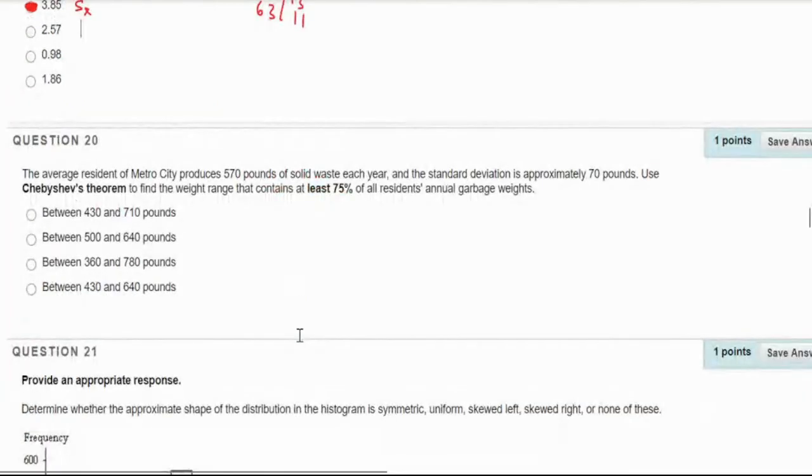Now, the next question is the Chebyshev. For most Chebyshev questions, sometimes they're tricky, sometimes they're good. Usually I do something like this to remind: K, the percent, and sometimes the limit.